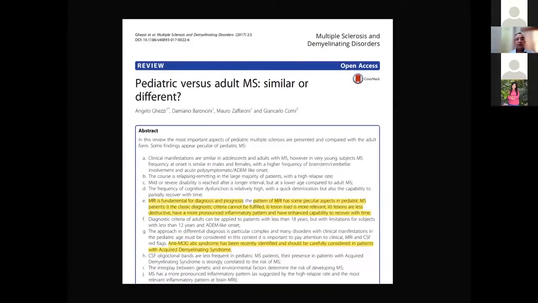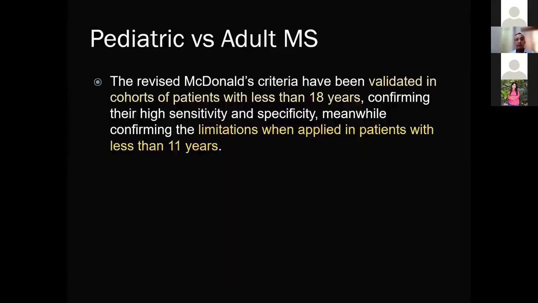In pediatric versus adult MS, many papers and review articles have concluded that the classic diagnostic criteria for MS in adults cannot be fulfilled. The lesions in pediatric patients are less destructive and have more inflammatory pattern and have enhanced capability to recover with time.